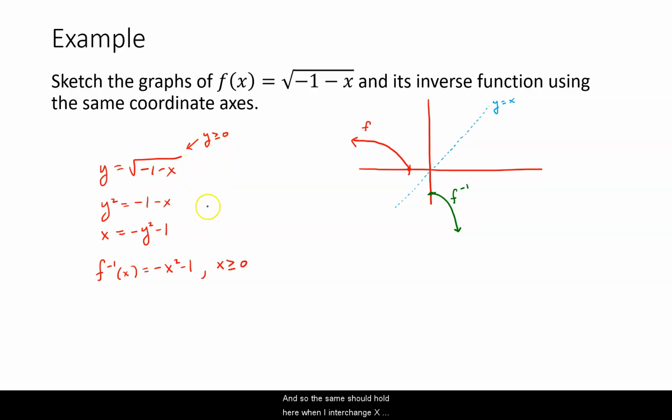And so the same should hold here when I interchange x and y to get f inverse of x. The same should hold true for x, that x has to be non-negative. And that's exactly what we see in the graph of f inverse here. This is a downward opening parabola with a shift downward one unit.